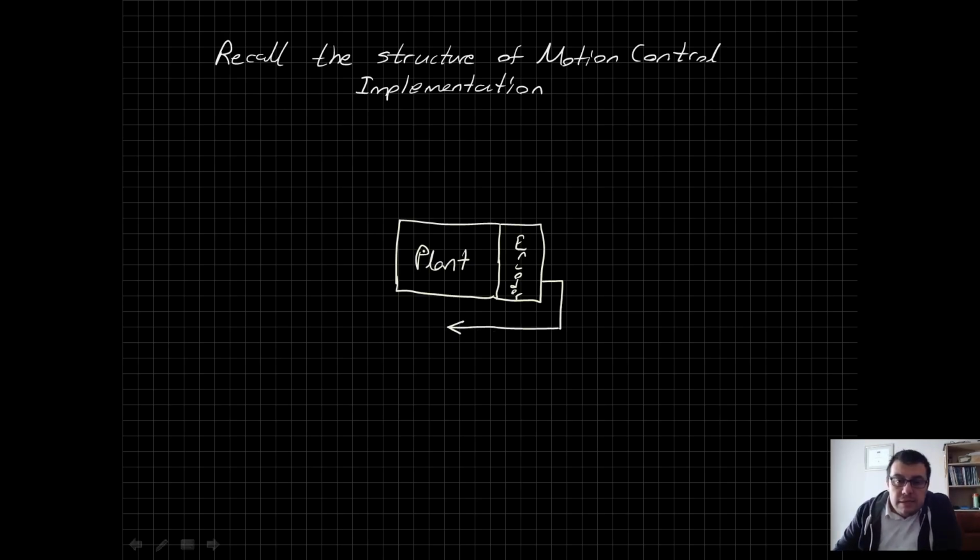and this plant requires a lot of power to be driven. So in order to supply this power, what you need is somewhere here the driver unit. Okay, this is your driver.